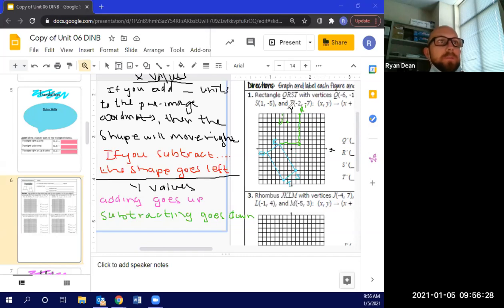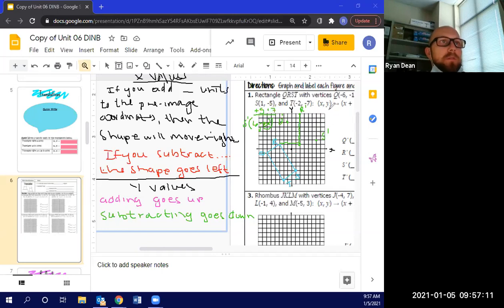Now for S, we have 1, and we're going to add 5 to it. And then for the y, we're going to add 7. So 1 plus 5 gives us a 6. And then negative 5 plus 7 gives us a positive 2. So I'm going to go positive 6 in the x, and then positive 2 in the y. So here's S prime.